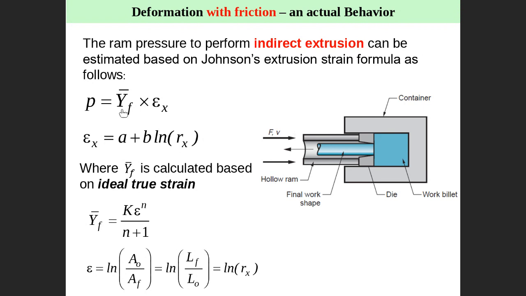Ram pressure equal to Y bar flow multiplied by epsilon x, and epsilon x equal to a plus b ln Rx. Right? Then Y bar flow equal to K epsilon to the n divided by n plus 1, and epsilon equal to ln Rx or ln AO divided by AF, and so on. This is true in the ideal case when you talk about indirect extrusion.